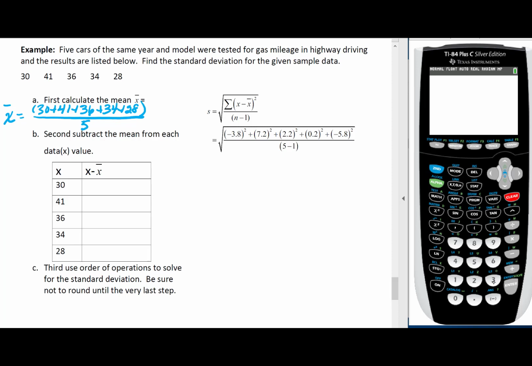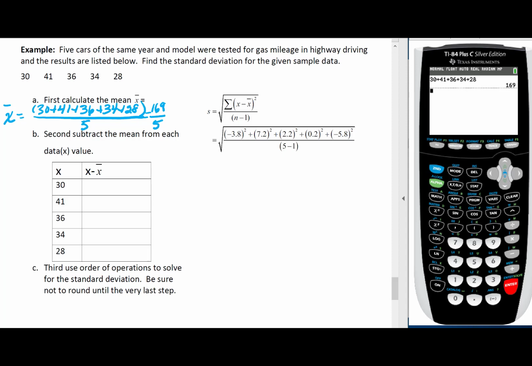On our calculator, we add up 30 plus 41 plus 36 plus 34 plus 28. Hit enter, and that total is 169. So we have 169 over 5.